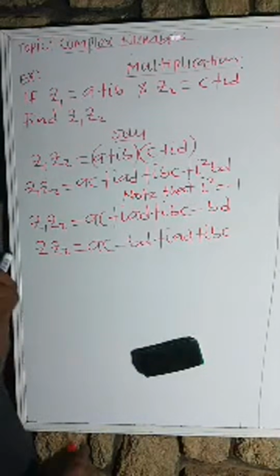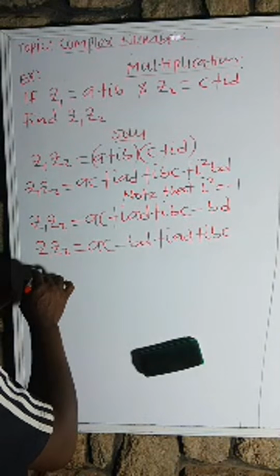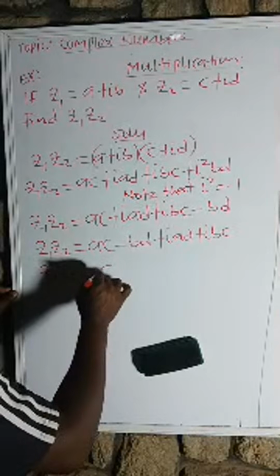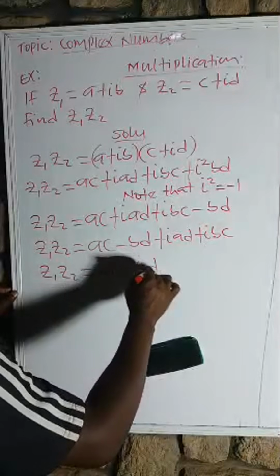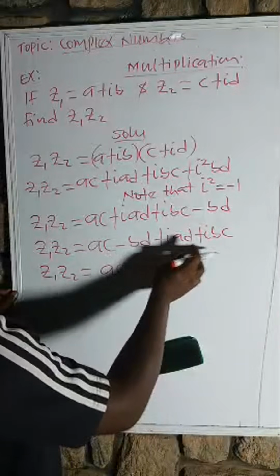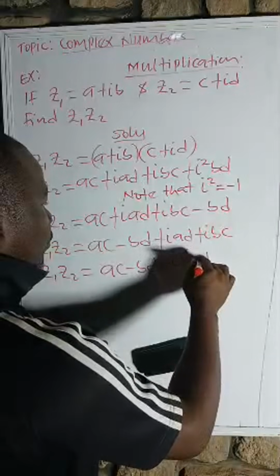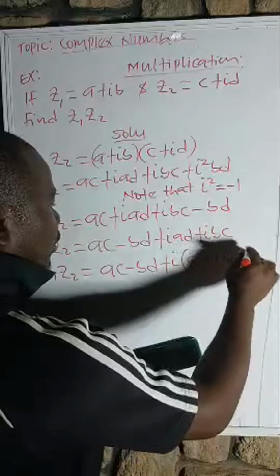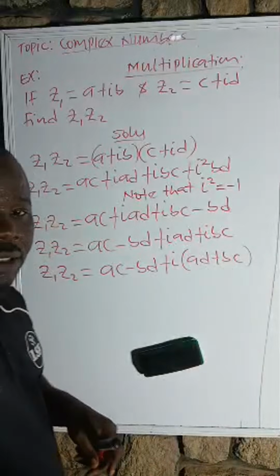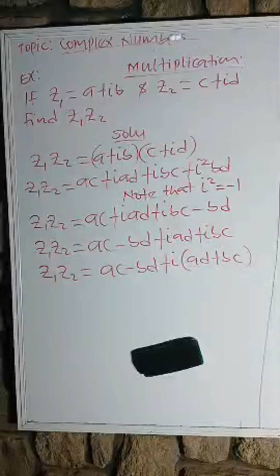You can leave it like this, or this is the same thing as AC minus bd plus, we factor i out since it is common, i open bracket ad plus bc. True or false?